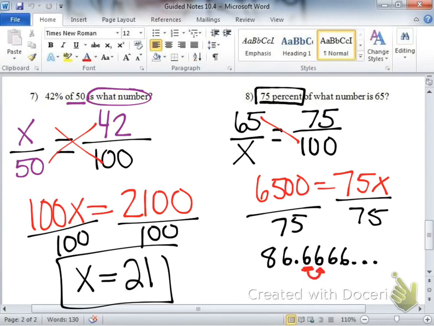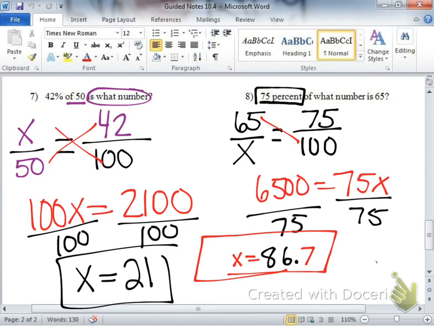Yes, if you have a 6 to the right of a 6 that you're trying to round to, that 6 turns into a 7, and then all the other 6's drop off. Now, the way I did it, it would equal x, or you could write the x in the front. X equals, and there we go. Raise your hand if you have any questions.